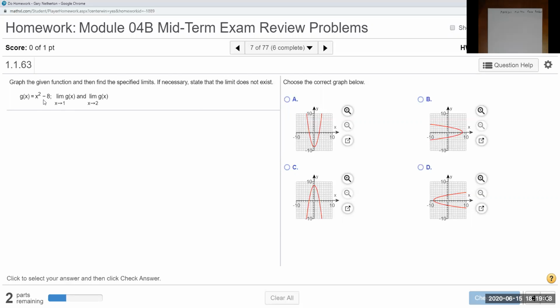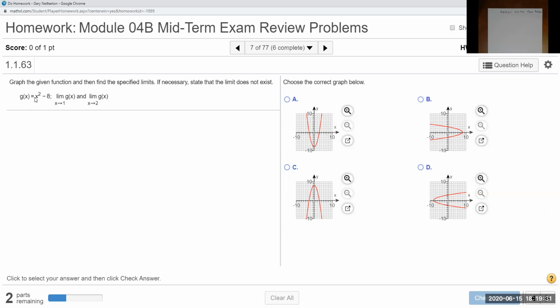Now, a lot of times I do these sort of like trial and error. For instance, let's do something simple. Let's plug in x equals 0 and see what the function should be. That's pretty simple. If I plug in 0 for x, 0 squared is 0, 0 minus 8.